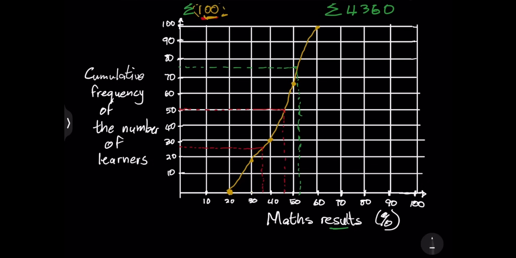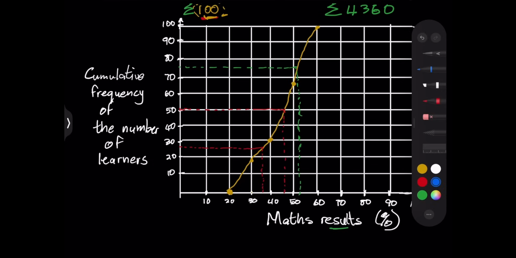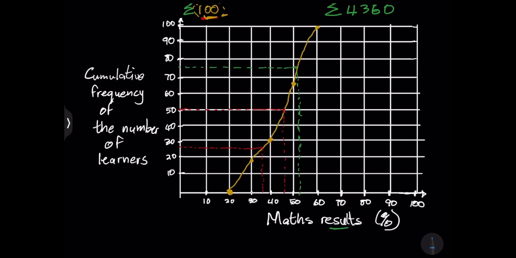If I go to my graph, let me illustrate that in another color. Let's take blue. I see that I've got numbers above 40%, so anything from here going upwards should have obtained above 40%.